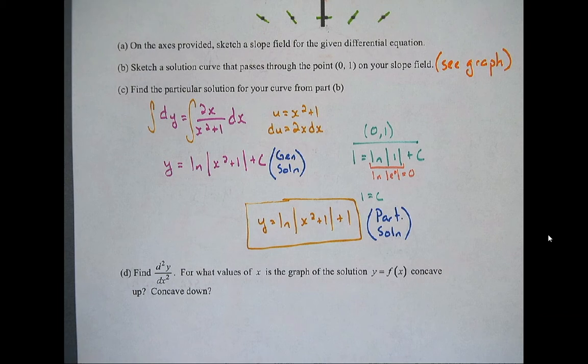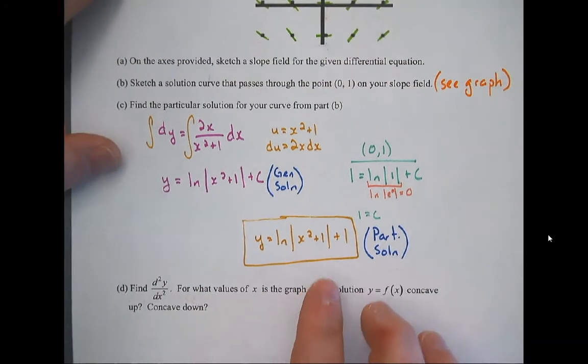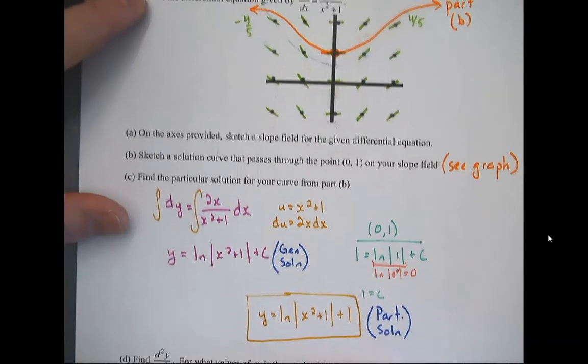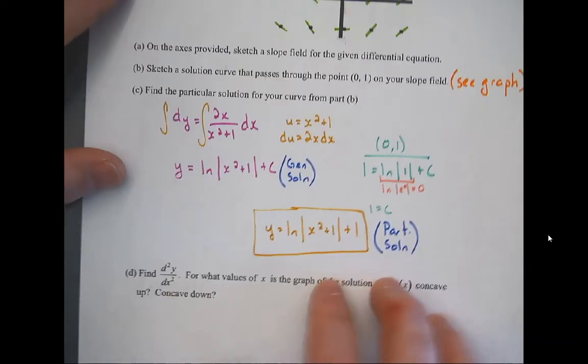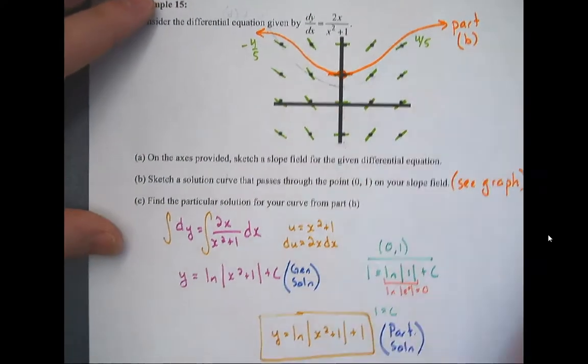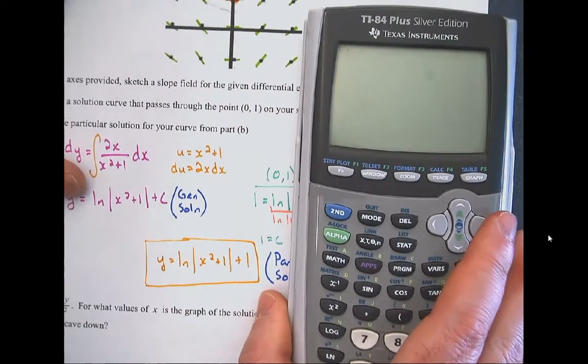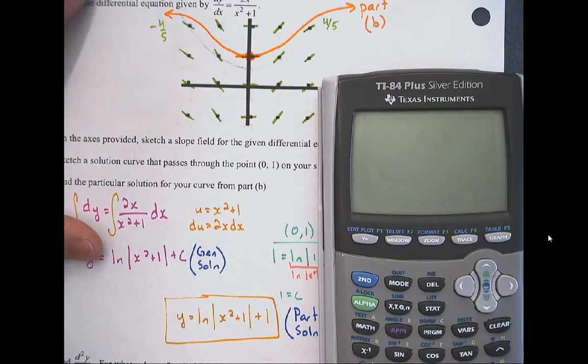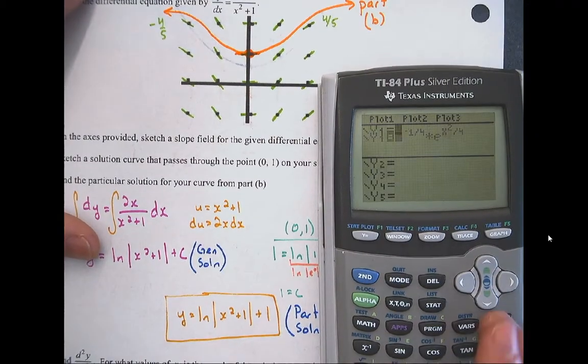Now, I was interested at this point to take a look at the function just to see if our sketch through that spot was halfway decent. This graph and this sketch should be the same function. So I was curious to actually graph it. Let's see how we did. So y equals the natural log.